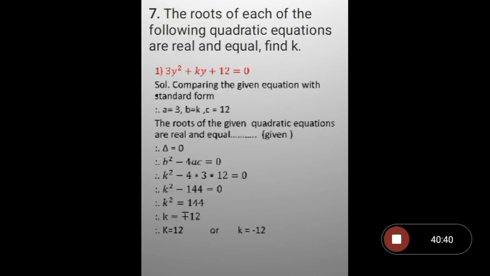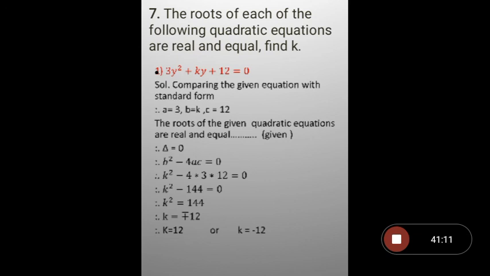See, the last question based on this topic of practice set 2.5, that is the 7th one: the roots of each of the following quadratic equations are real and equal. We have to find the value of k. So the first one is 3y square plus ky plus 12 is equal to 0. Already it is in the standard form. So comparing with the general form, a is equal to 3, b is equal to k and c is equal to 12.